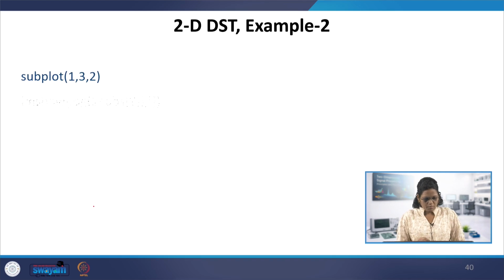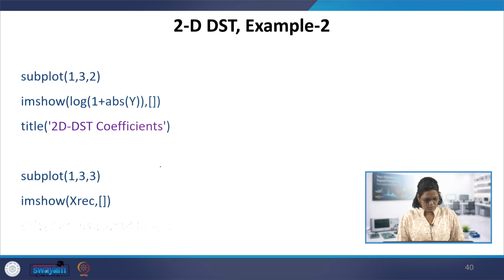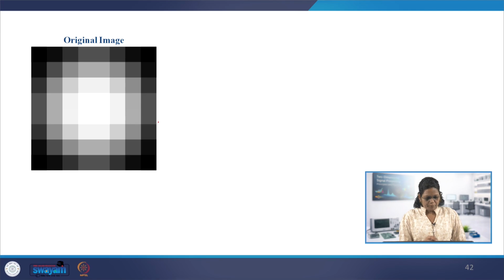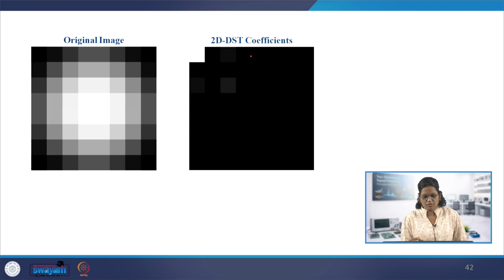This is to show the image, and to plot the image with the 2D DST basis images. For this particular image we took the DST image, so we can get this using the basis images as we had seen in the DCT and the DFT. These basis images are different from the DCT ones. The original image is this, and then we can use the DST coefficients.